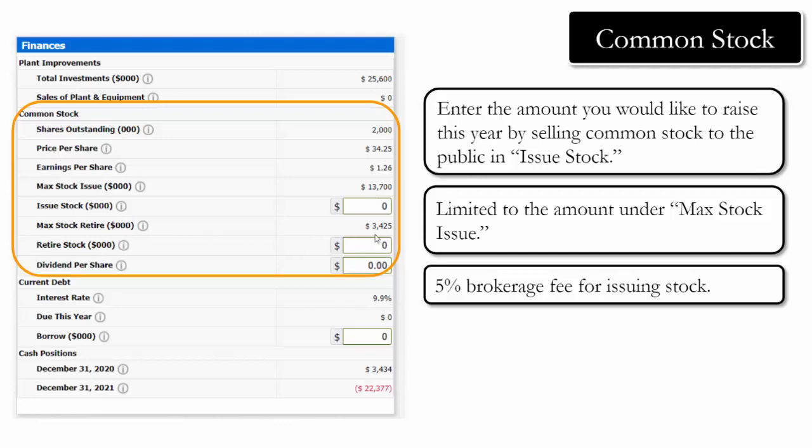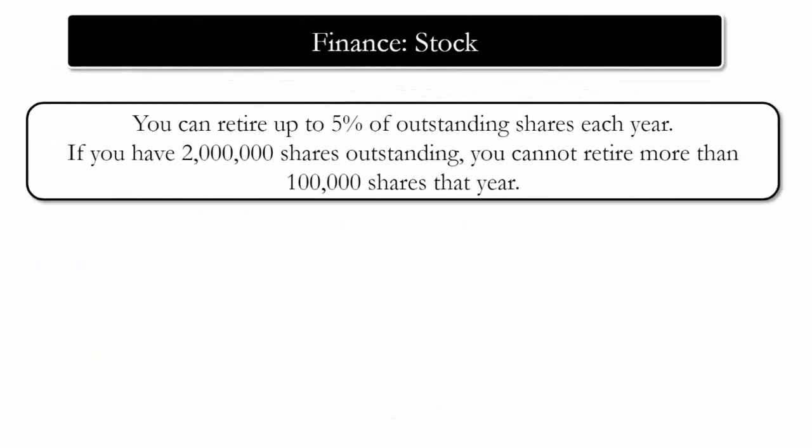The maximum stock retire is the limit set by the board of directors upon stock repurchases this year. The maximum stock retire is $3,425,000 for round 1. You can retire up to 5% of the outstanding shares each year, but not more than the total equity of your company. For example, suppose you have 2 million shares outstanding.